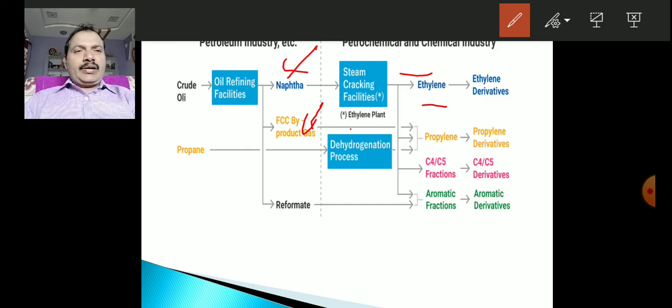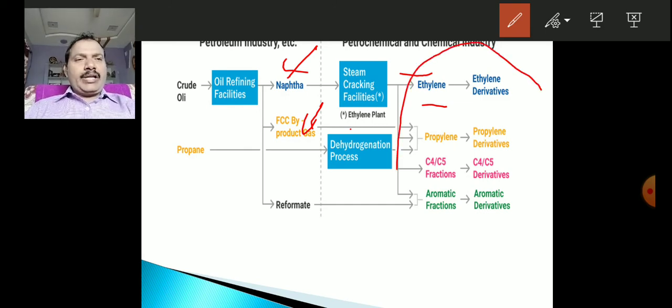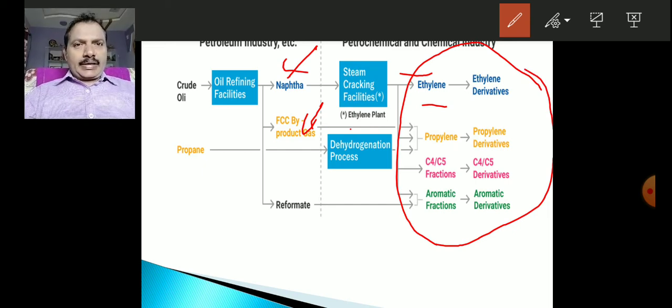So these are the petrochemicals available after cracking.